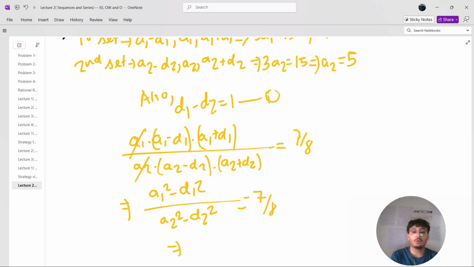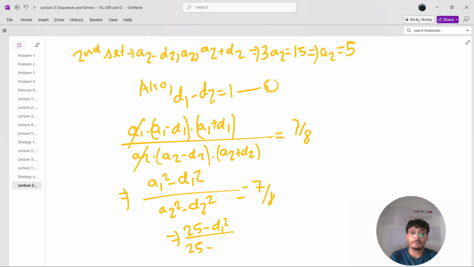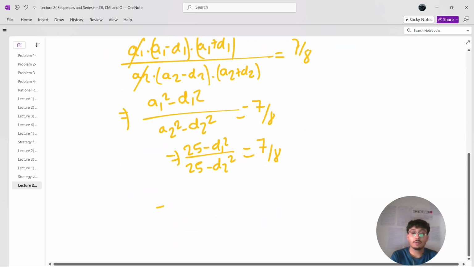My A1 and A2 both are 5, so 5 square is 25. That means 25 minus D1 square by 25 minus D2 square is 7 by 8. I'm going to cross multiply them: 8 this side and 7 this side.